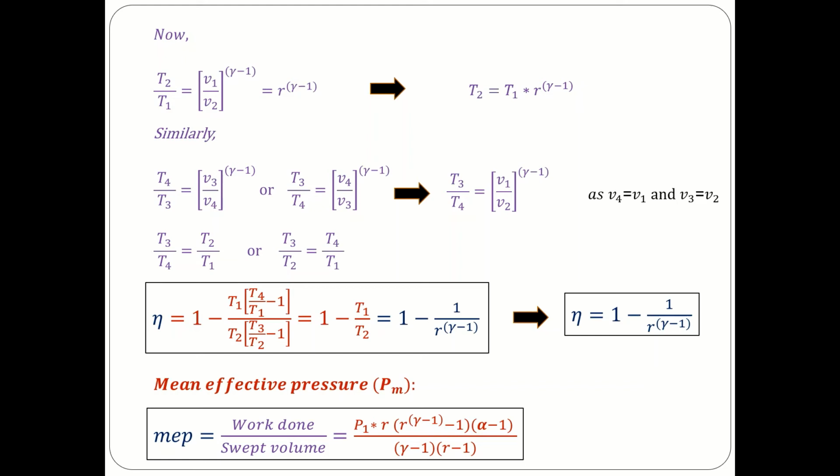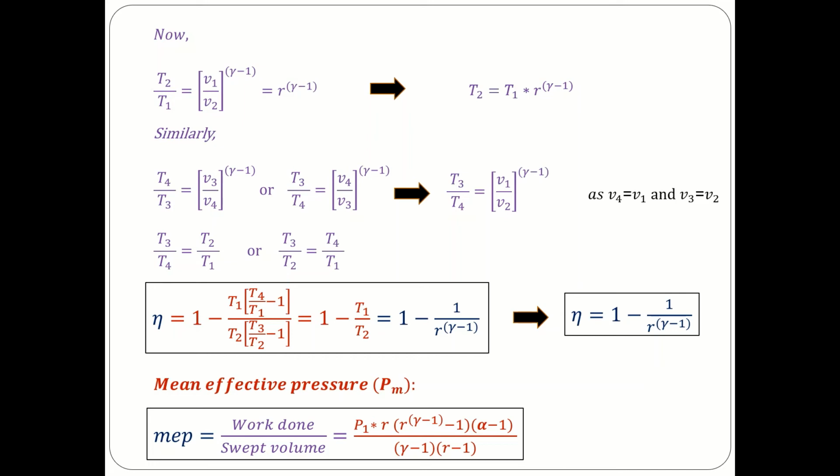Similarly, process 3-4 is also the expansion process, which is a reversible adiabatic process. So there also you can apply this law, and there you can write T4 by T3 as V3 by V4 raised to gamma minus 1, or you can also write T3 by T4 as V4 by V3, just the reciprocal of this one, raised to gamma minus 1.